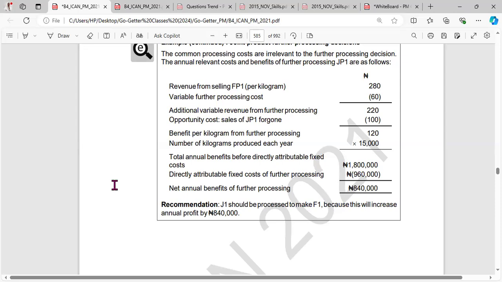So your contribution would have been like 150,000. But now, because you are processing further, you are having additional benefit of 840,000 to it.